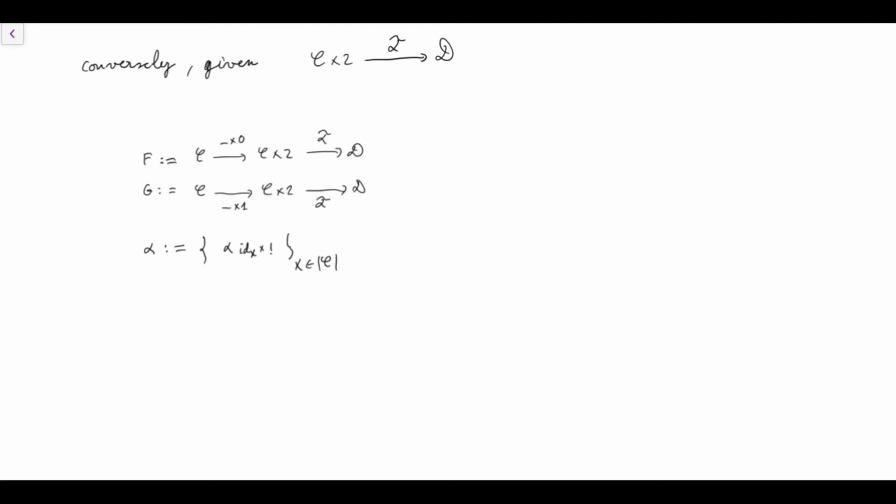And then likewise for g, we just tag along each object of C with a 1, the time 1. And now we're considering this family of morphisms in D, alpha, which are just alpha tilde of the identity at x cross bang, for x ranging over the objects of C. And it's very easy to see that it defines a natural transformation.